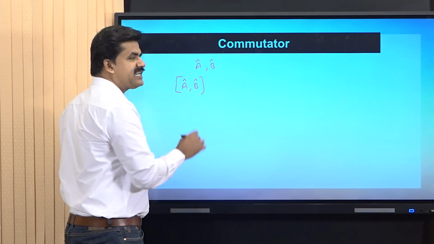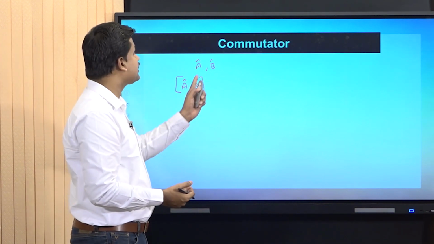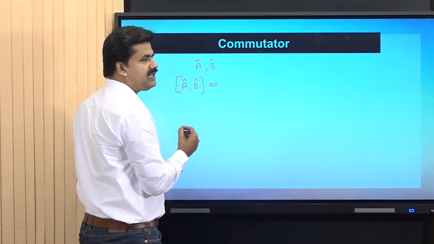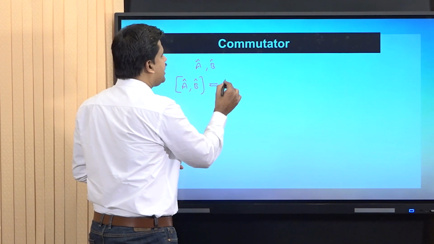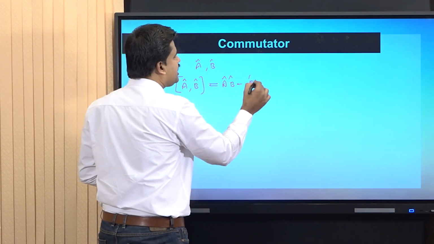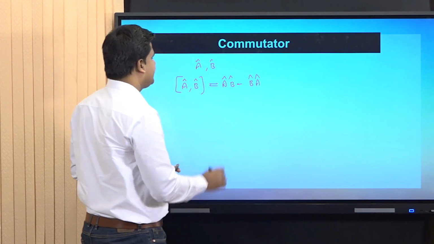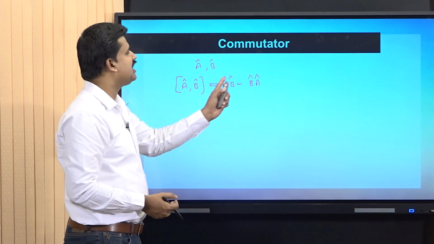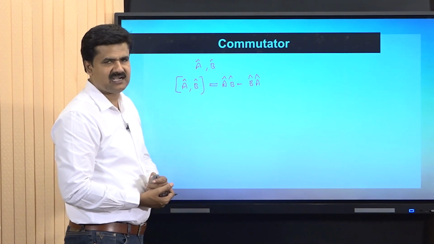This should be read as commutator. Commutator of A hat and B hat, and this is theoretically equal to A hat B hat minus B hat A hat. So the commutator of A hat and B hat is equal to A hat B hat minus B hat A hat.